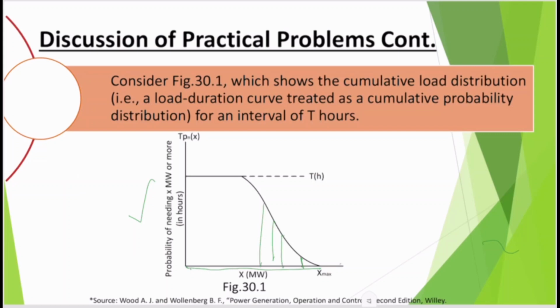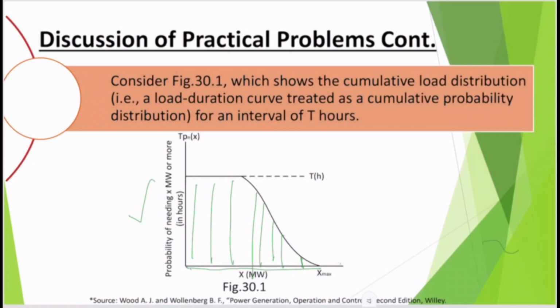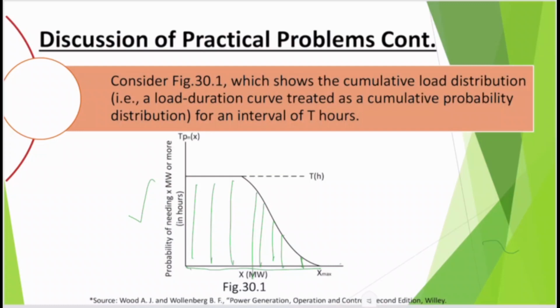If the load is going to be less, then the probability of needing X megawatt or more will naturally be for a long duration. Now the characteristic of load curve, if you see, only for a lesser duration we need peak energy, and most of the time we need base energy. So this characteristic very clearly says that if your megawatt requirement increases, the duration for the maximum period will be less. Am I right?